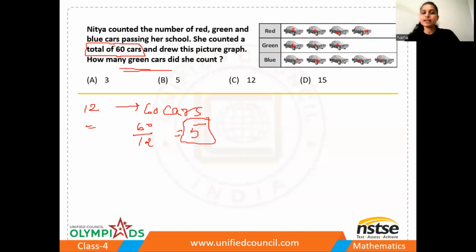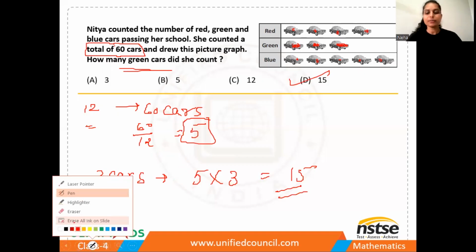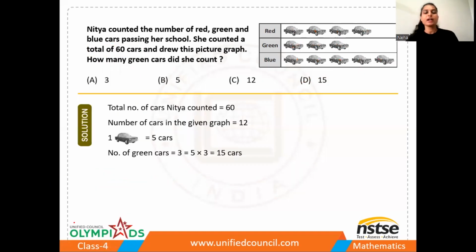How many green cards are there? 1, 2, 3. So she drew 3 cards. If she is drawing 3 cards, then how many cards are there in total? It is 5 multiplied by 3. That means it is 15 cars. Because she draws only one car when she counts 5 cars. So 15, yes, option B is your right answer.